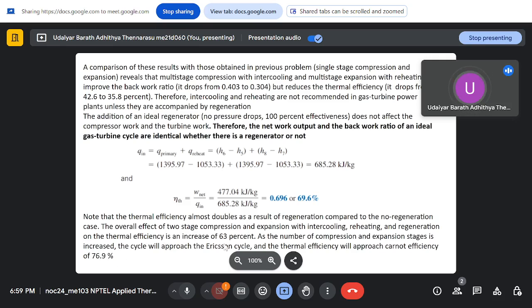So you can push this to multiple stages of intercooling and reheating, employing more than 2. That also has practical difficulties, but doing so you are converting it to an Ericsson cycle, which will give you the same efficiency as the Carnot cycle.